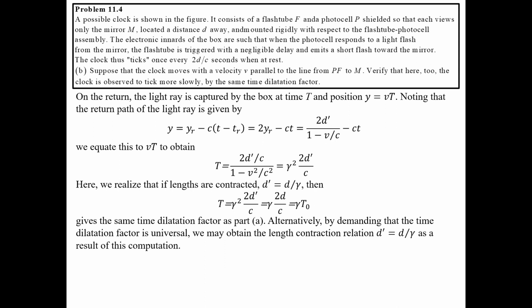Here we realize that if lengths are contracted, d prime equals d over gamma, then t equals gamma t0 gives the same time dilation factor as part A. Alternatively, by demanding that the time dilation factor is universal, we may obtain the length contraction relation d prime equals d over gamma as a result of this computation.